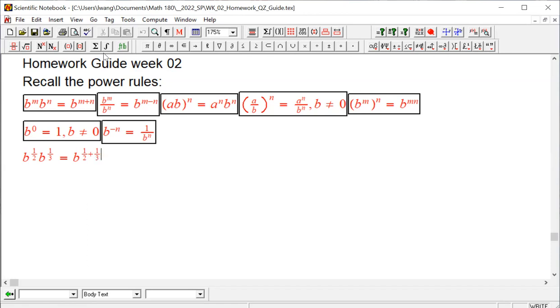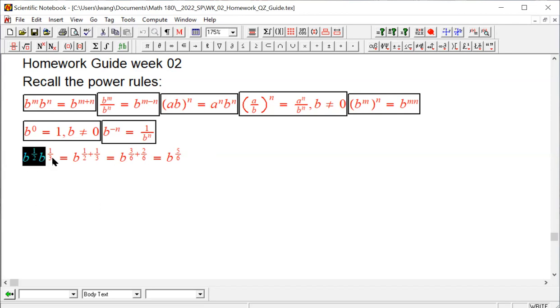Then we operate the power to find a common denominator, which is 3 over 6 plus 2 over 6. So in the end, we get b raised to the power of 5 over 6, right? So you can see there's a lot of convenience when we operate the powers in this situation.